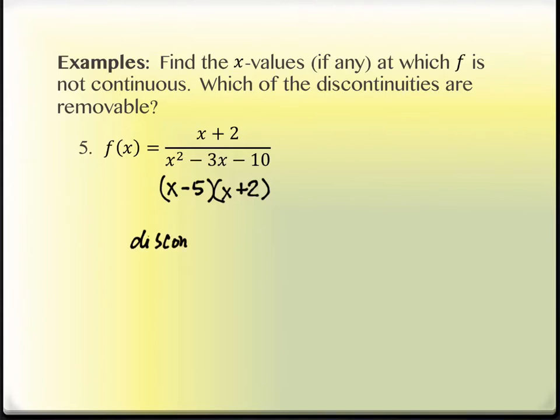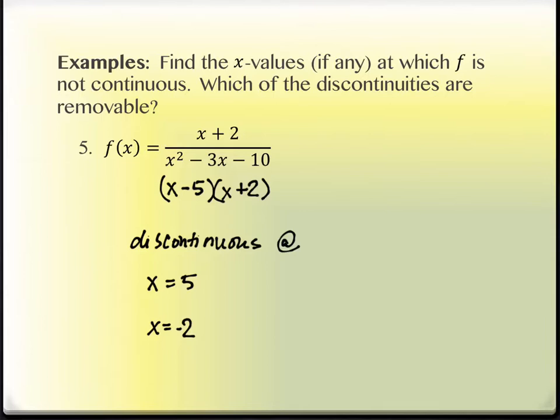Yep. So it's discontinuous at, well, I forgot my S. It's discontinuous at x equal 5 and at x equal -2. And I'm writing them on different lines like this on purpose. We're going to write some stuff next to them. Okay, so because I have two discontinuities, I have the ability to have two possible things happening. They could both be removable.